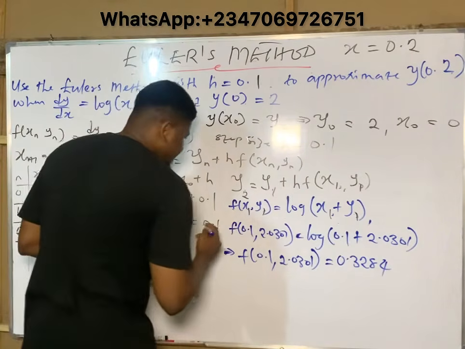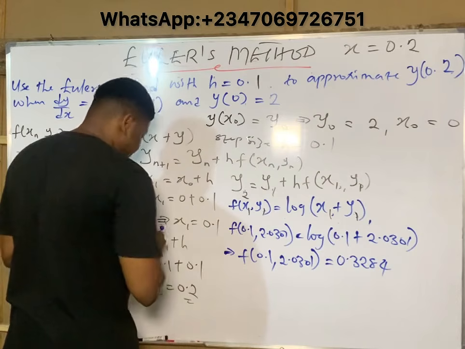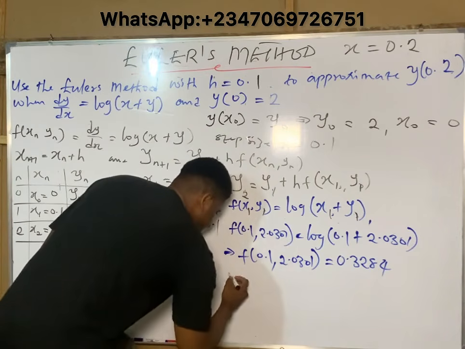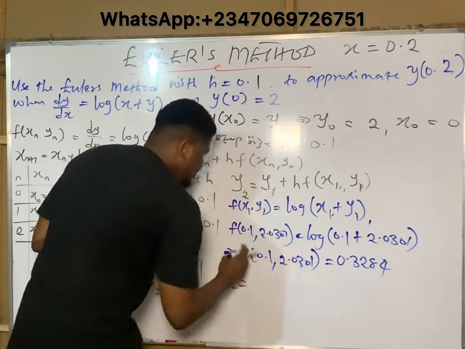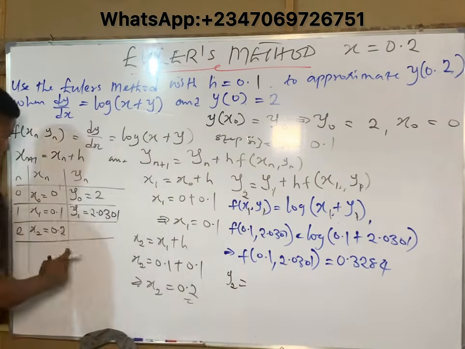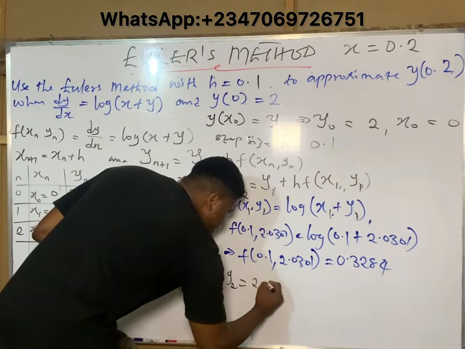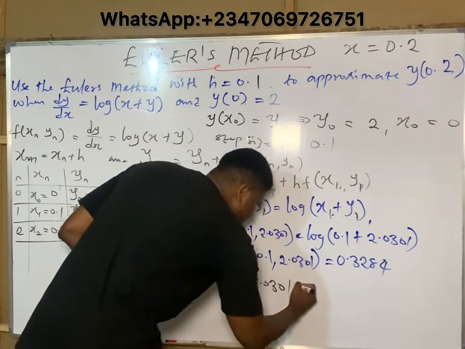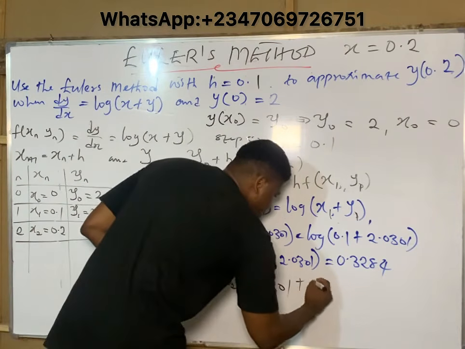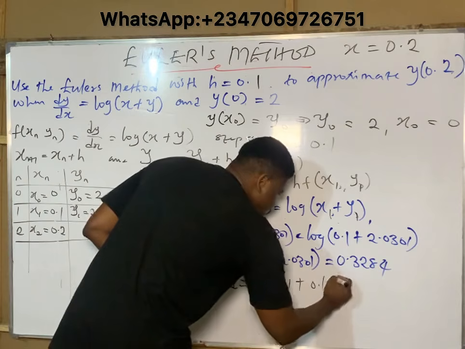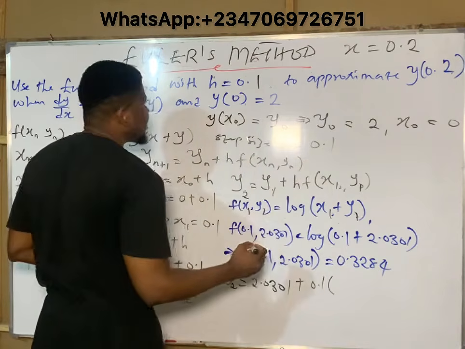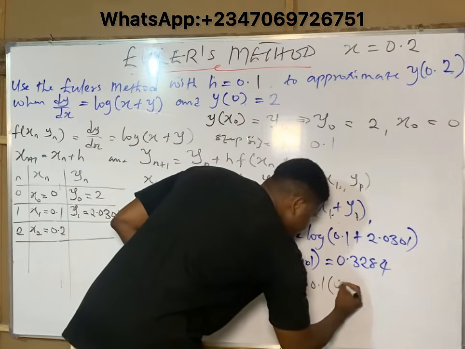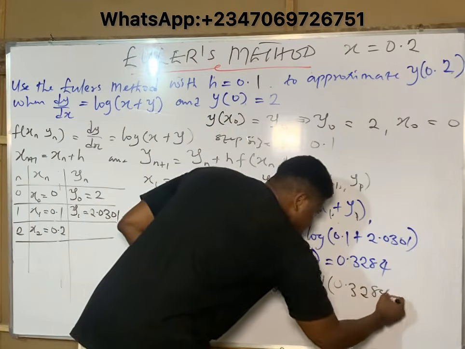Now if we have this, then we can find our y2. So y2 is now going to be y1, and y1 is 2.0301, please. 2.0301 plus h, which is 0.1, multiplied by this function, and the value of the function gave us here 0.3284.